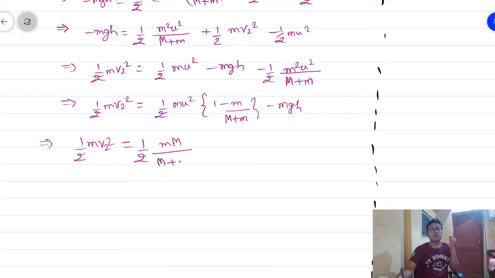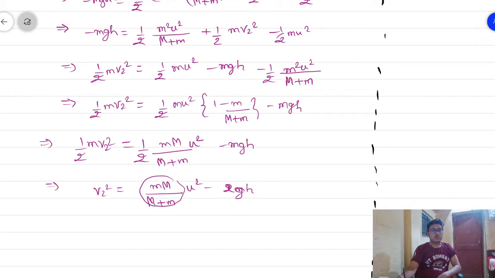It's turning out to be a bit boring, but we need to solve this. So v2 square is equal to Mm upon (M plus m) u square minus 2gh. This is the reduced mass mu, so v2 square equals mu u square minus 2gh is the solution value of v2.